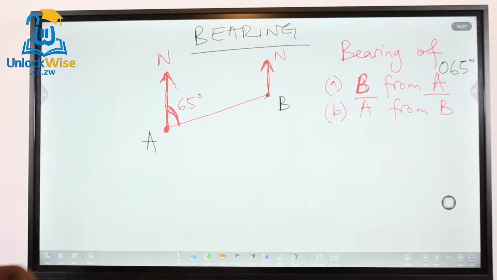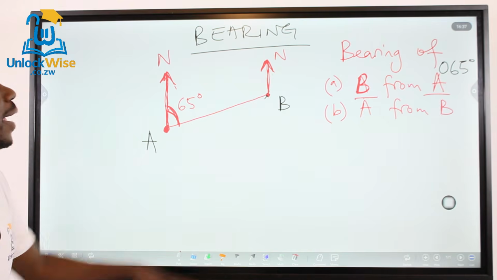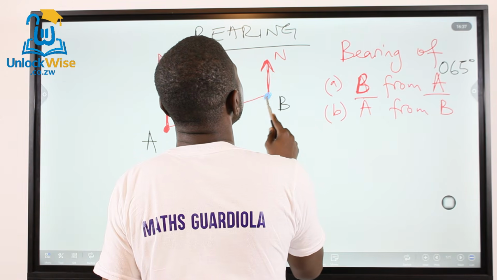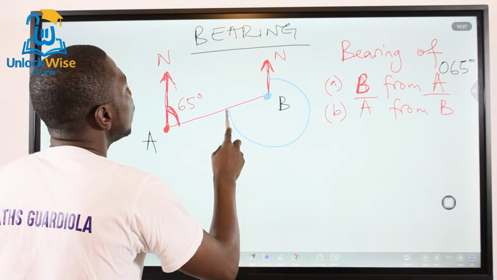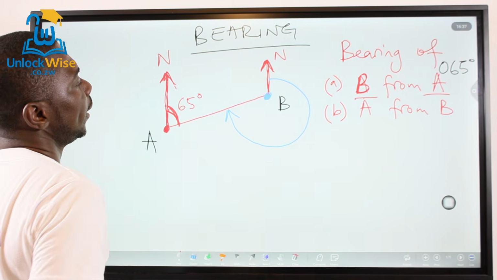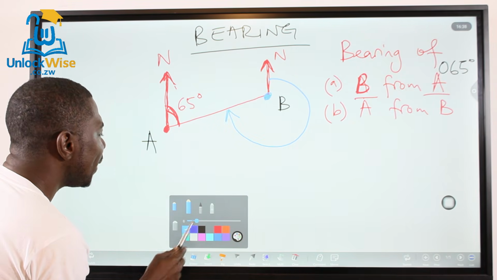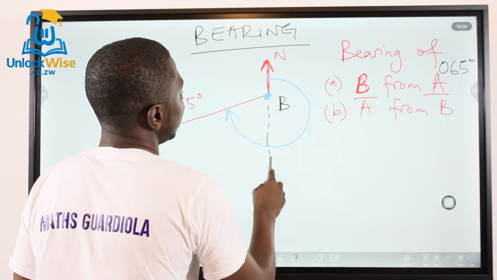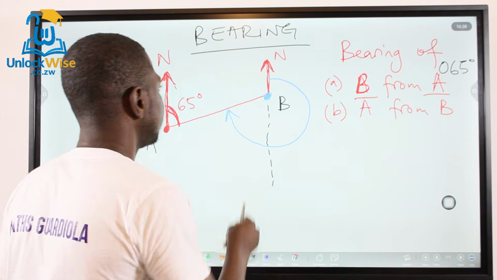And now we want the bearing of A from B. So we will go where B is and we will measure clockwise from north. Right. So I want you to see this. This is where we apply the parallel lines laws or theorems.